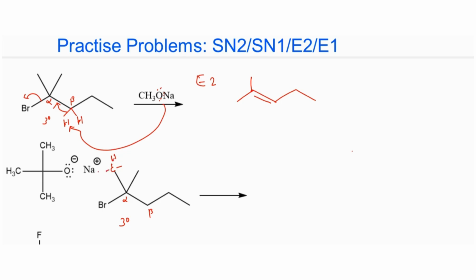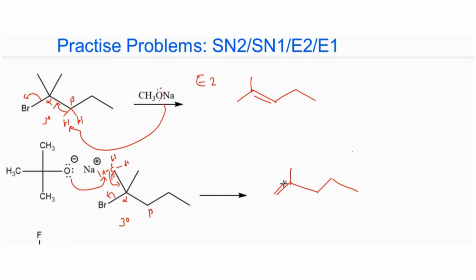It abstracts this beta hydrogen from the least hindered position, and we get the least substituted alkene.